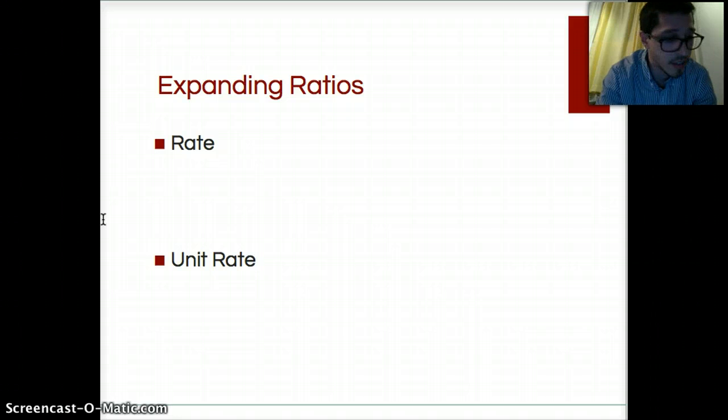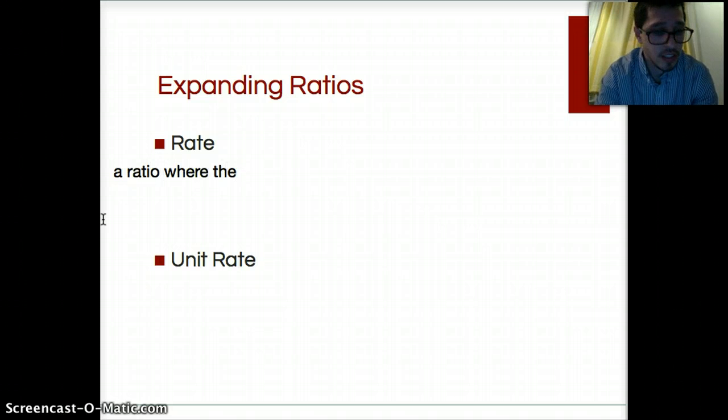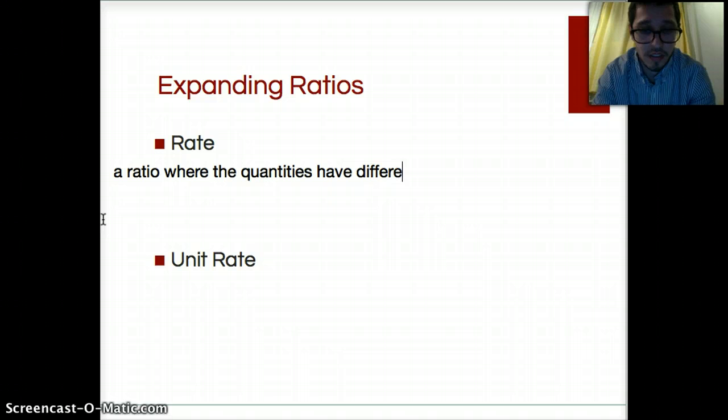So I'm going to write that out. A ratio where the quantities have different units. And units are almost like variables or numbers. They can be canceled. And we'll come back to that in 6.3.